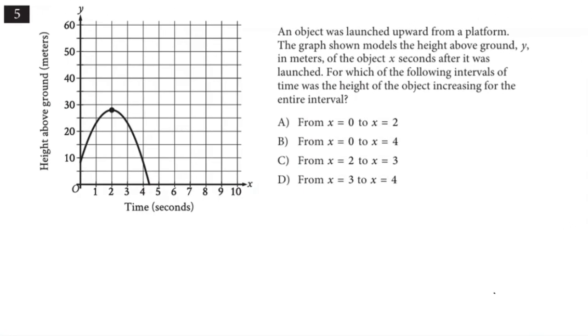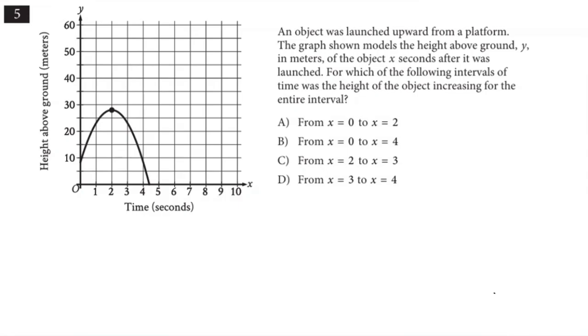Question 5. An object was launched upwards from a platform. The graph shown models the height above ground y in meters of the object x seconds after it was launched. So this is height against time. We can see it doesn't start at 0. It starts somewhere else because it was thrown from a platform.